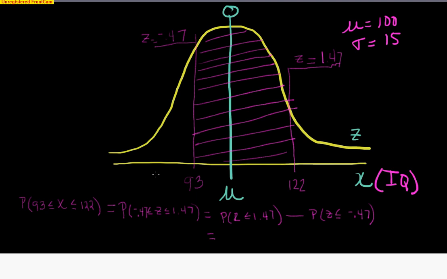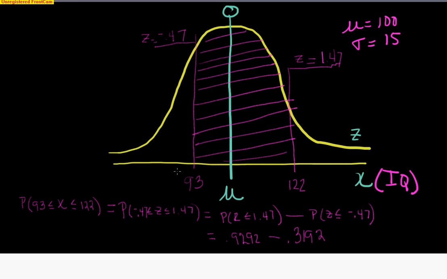We know the probability of z being less than 1.47 is 0.9292. We did that in a previous slide. 0.9292 minus the probability z was less than negative 0.47, which was 0.3192. I'm going to now take a break before we compute that and show you why this difference is this area.